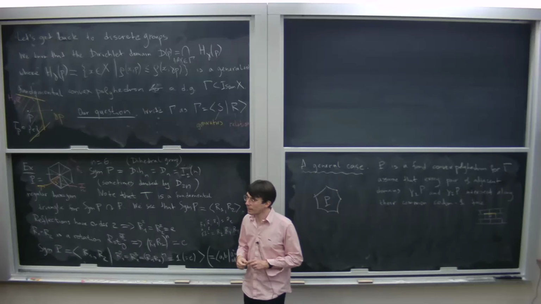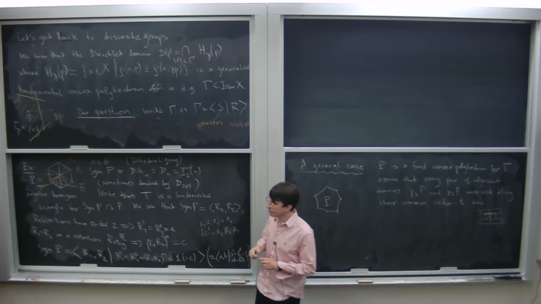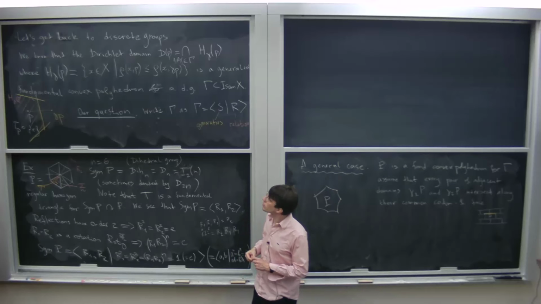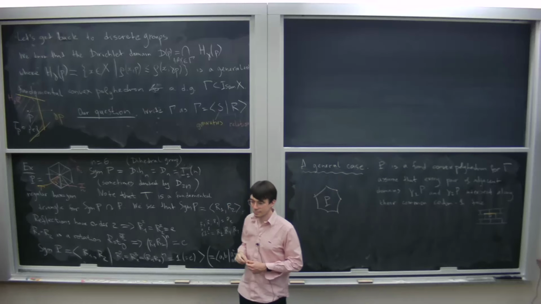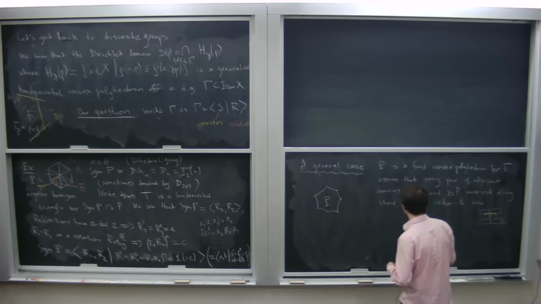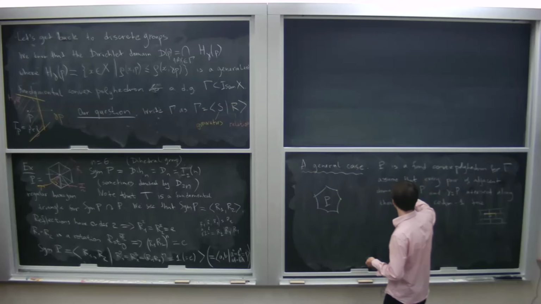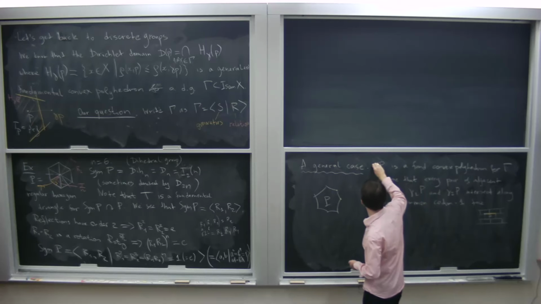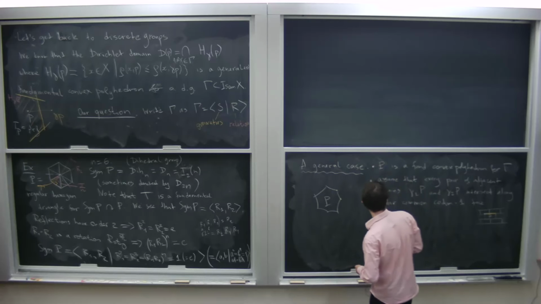You take your point P, you act by gamma, you get a lattice, then you take Voronoi cells about the lattice. That's sort of what you get. Indeed, for a Dirichlet domain, you do not need this assumption. So we have this assumption.